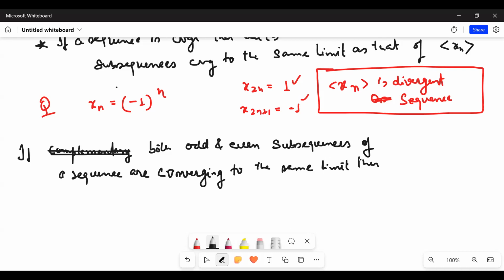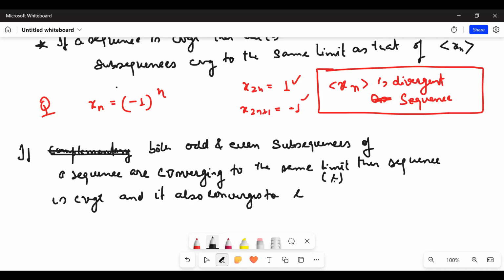then the sequence is convergent, and it also converges to L. Let's say the same limit I'm telling L. This is again an important result. We'll prove it later on.